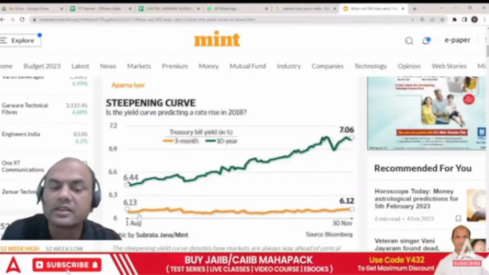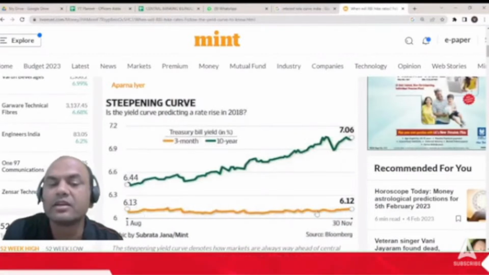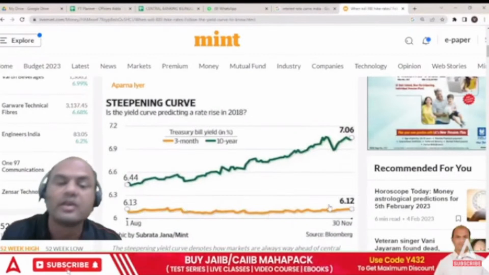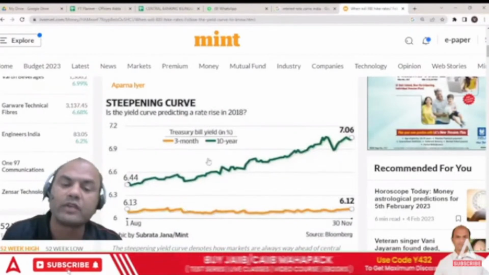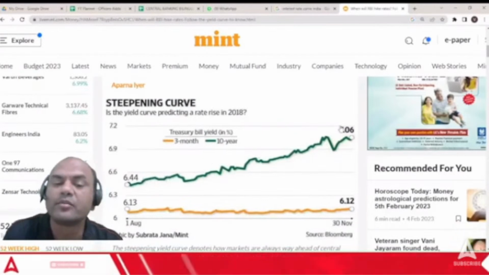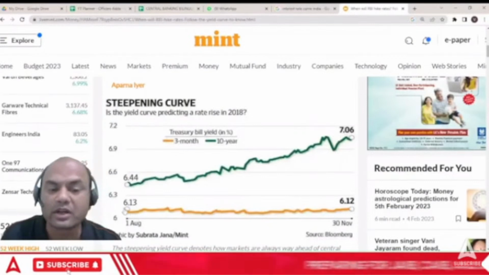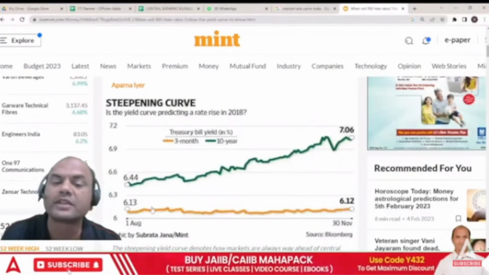And here, the 3-month Treasury bill percentage went from 6.13 to 6.12, almost flat, right? So what does it mean? It means that for the longer duration people are expecting good growth in the country, whereas for the shorter duration people are not expecting any growth.